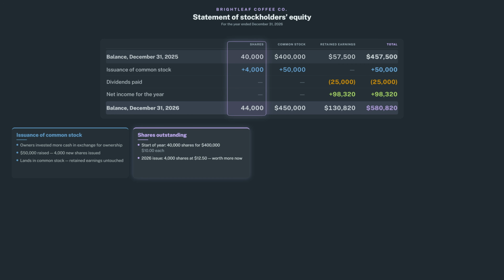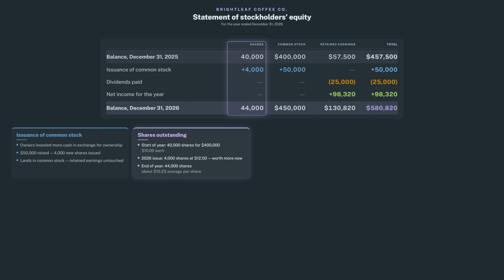So the owners had determined that the market value of the company had grown a bit and required any new owners to pay a bit more than previous ones. Because of that, the number of shares outstanding at the end of the year totaled 44,000, which represents an average of $10.23 per share issued.